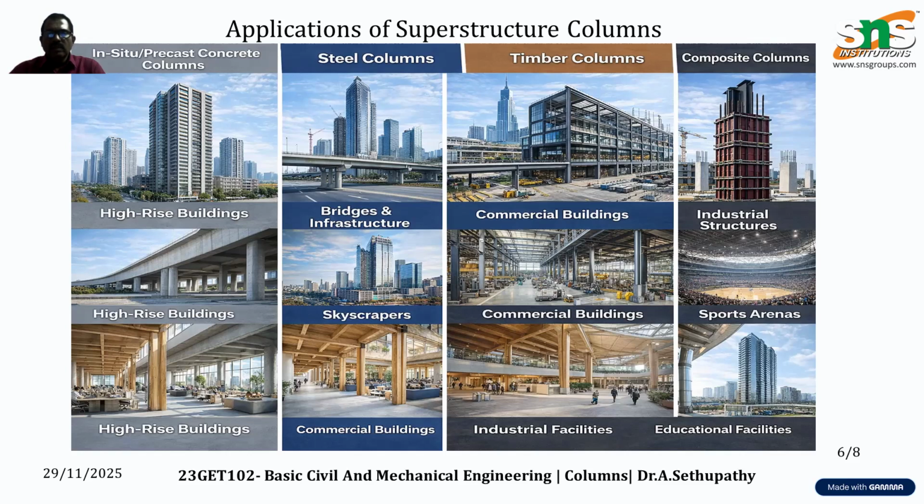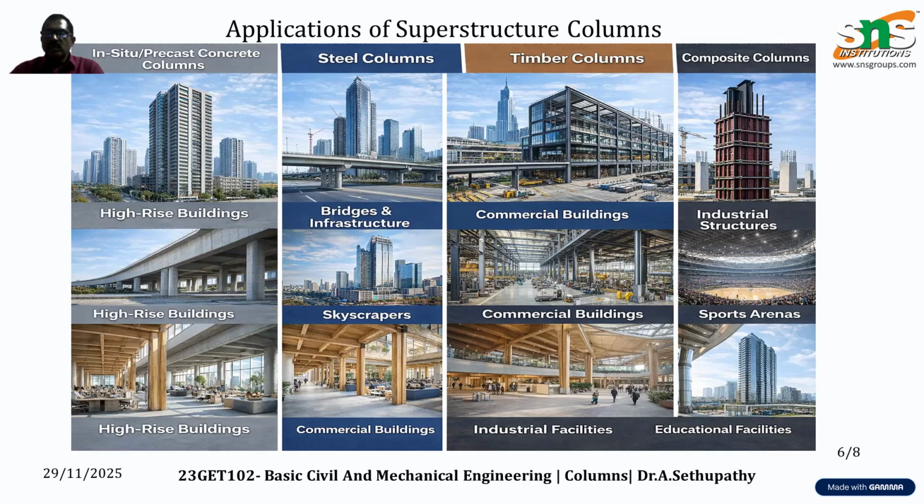Steel columns we use in bridges, infrastructure, skyscrapers, and commercial buildings like godowns and warehouses. Timber columns are used only in commercial buildings, for interiors, where we need an aesthetic look inside the building.